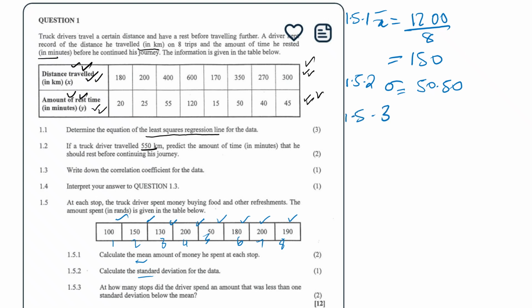1.5.3. At how many stops did the driver spend an amount that was less than one standard deviation below the mean? Remember, we have that formula which states mean minus standard deviation and mean plus standard deviation.